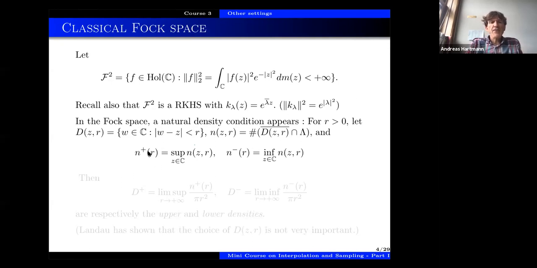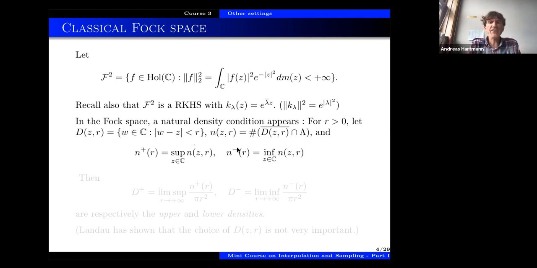You can define the quantities n plus and n minus, and it's just counting the number of points that you have in a disk, in a Euclidean disk D of radius r. Then while you walk with your disk around the complex plane, each time you count the number of points that you meet, and you take the biggest number, the sup of the number of points that you can meet.